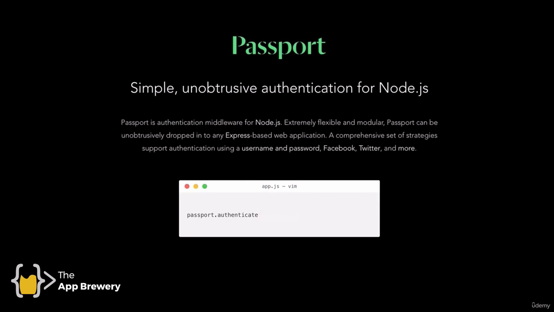It's very, very flexible, and it allows you to authenticate your users using either a local strategy, like what we're doing right now, which is username and password, or use a whole bunch of other services such as Google, Facebook, LinkedIn, Twitter. And it makes it a lot easier for you to plug these different ways of authentication into your website. So let's get started learning about Passport and learning about how we can implement cookies and sessions.